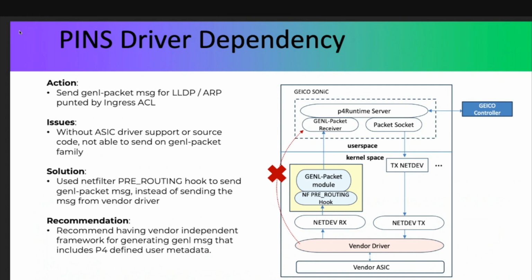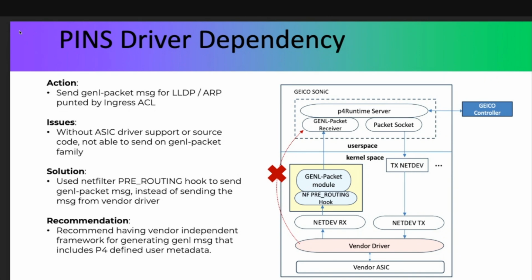Once it gets to the CPU, a vendor driver takes that packet and sends it up to the P4 runtime server, so it can be sent as a packet IO message to the controller. And the PINS spec recommends doing it from the vendor driver. Of course, at the time, we didn't have access to the vendor driver, so this posed a problem.